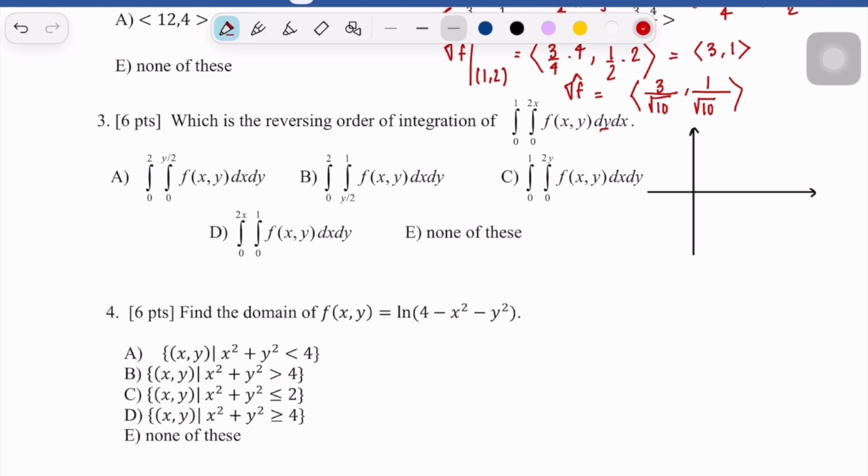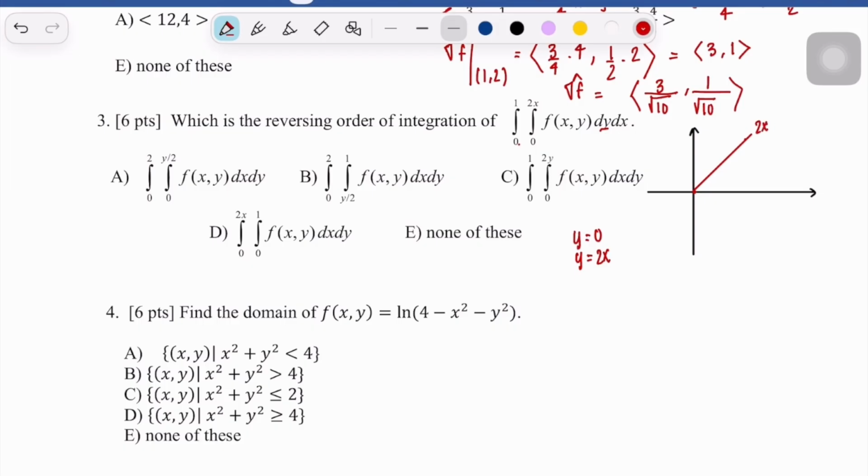Okay, so for y, our bounds go from 0 to 2x. So y equals 0 to y equals 2x. So that's going to be y equals 0, starts at the origin, right? And then it goes to 2x. So that's going to be this line right here.